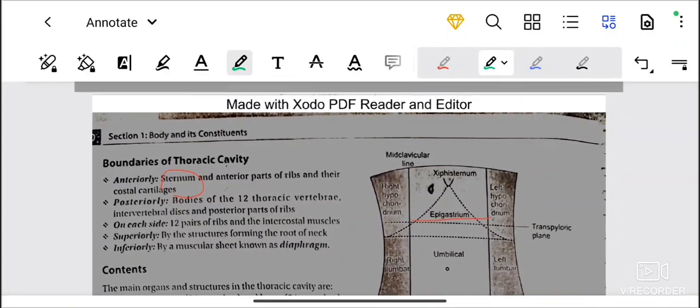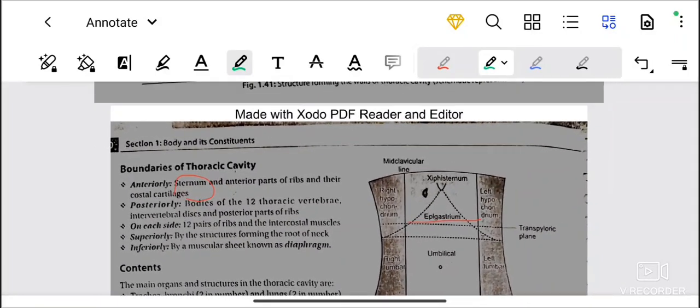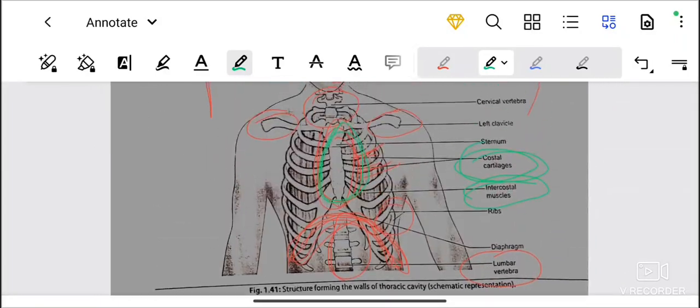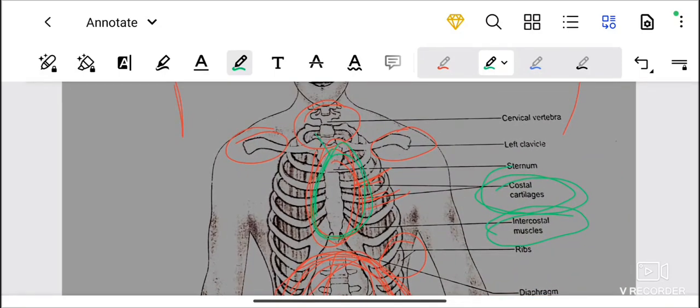On each side there are 12 pairs of ribs, and intercostal muscles are present on both sides.